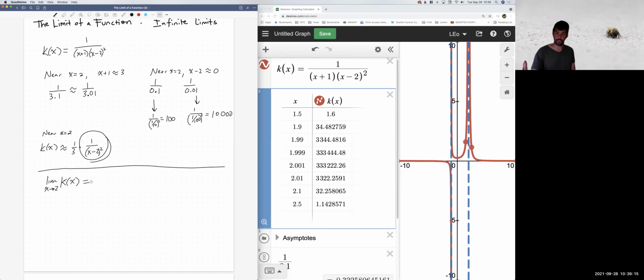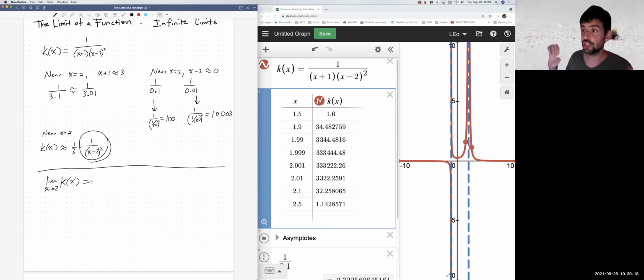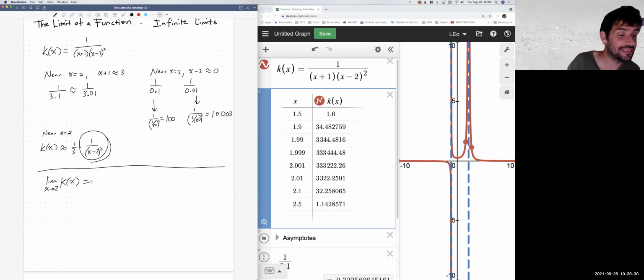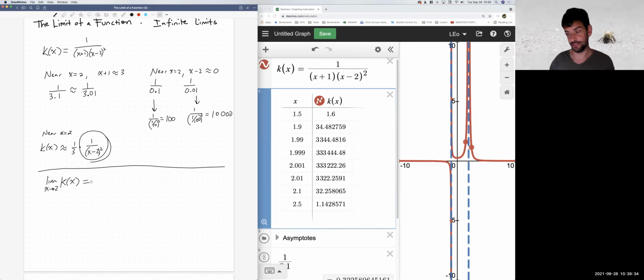Our definition of limits is that we say a function has a limit as x goes to a value if we can make the function as close as we want to that value by taking x close enough to the number we're going towards, right? In this case, is there some number that k of x is getting closer and closer to by taking x as close as we want to 2? The obvious answer is no. There is no number we're getting closer to. It's just getting bigger and bigger and bigger.